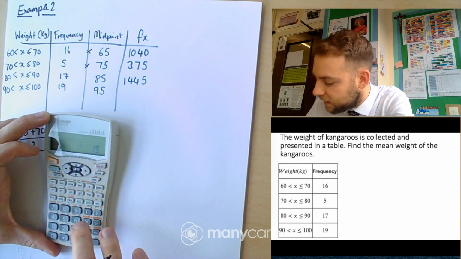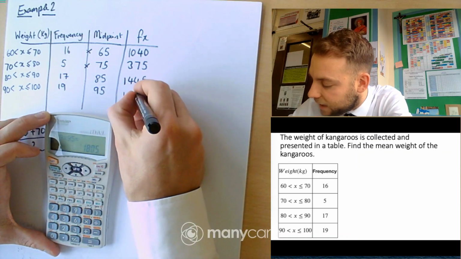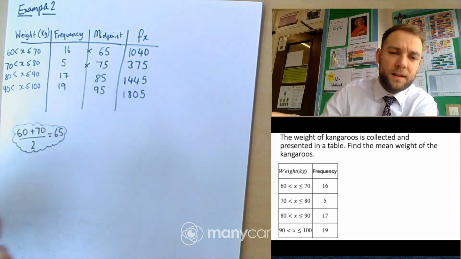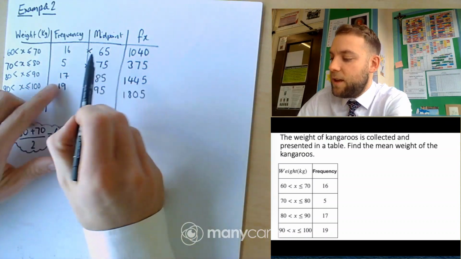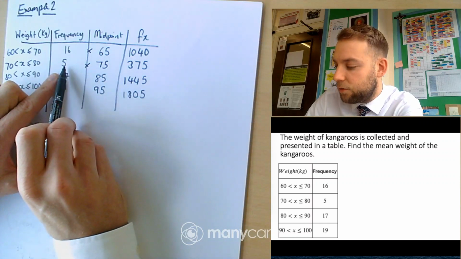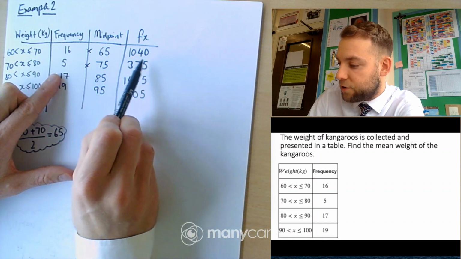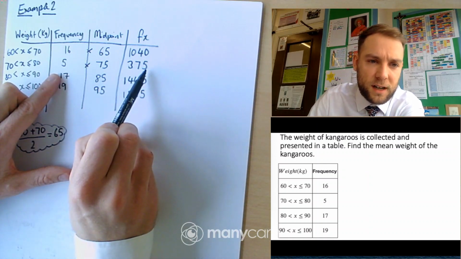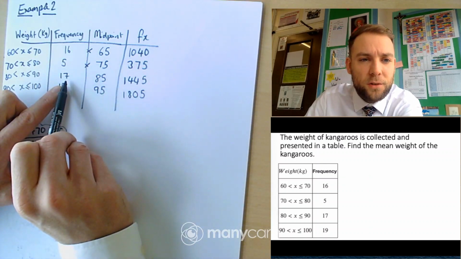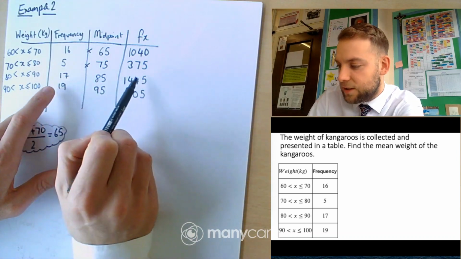And we've got 19 times by 95, which in this case is equal to 1805. So here we've got, I'll make it really clear, 5 kangaroos with an average weight of 75, so their total weight is equal to 375. We've got 17 kangaroos with an average weight of 85 kilograms, times those together.